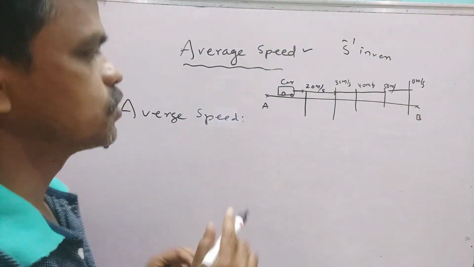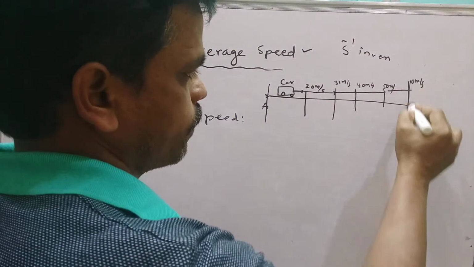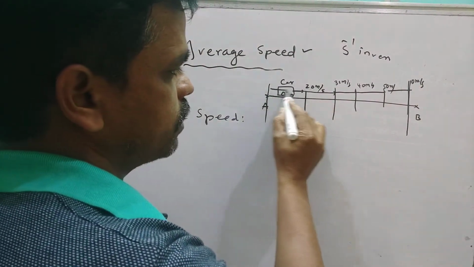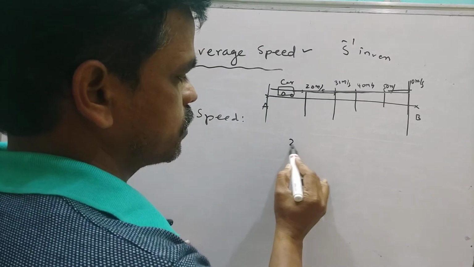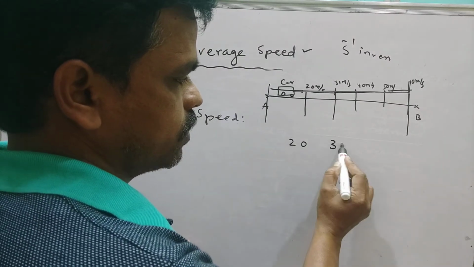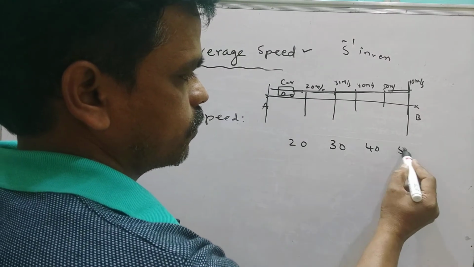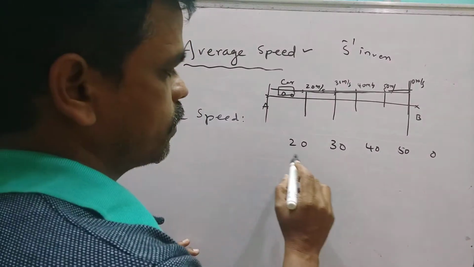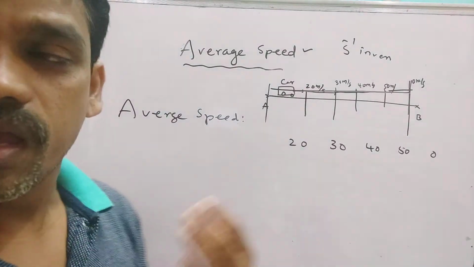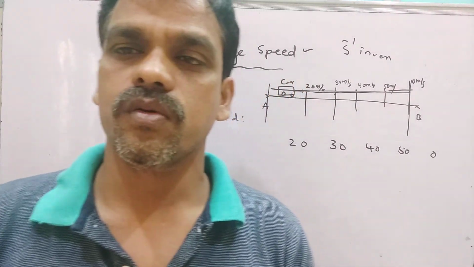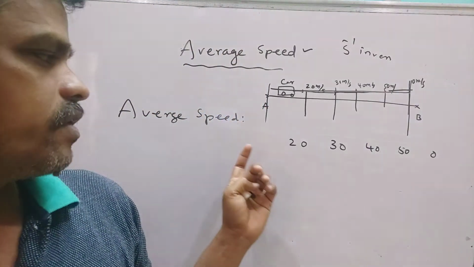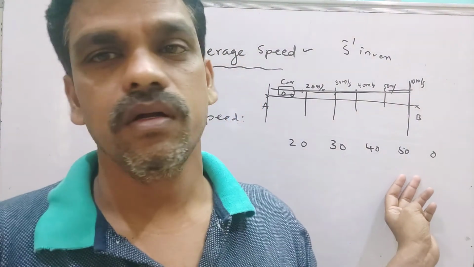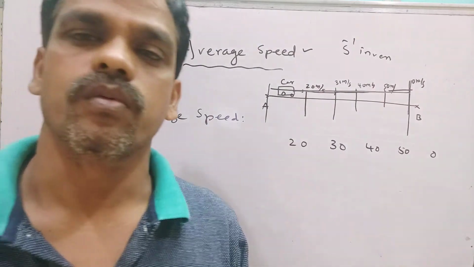So what happens in the total journey from A to B? The speed is varying. Initially 20, 30, 40, 50, then 0. Generally, I already discussed, average equals sum of observations by number of observations. Can we write average speed like this, sum of the speeds by number of speeds? No, that is not the way here.